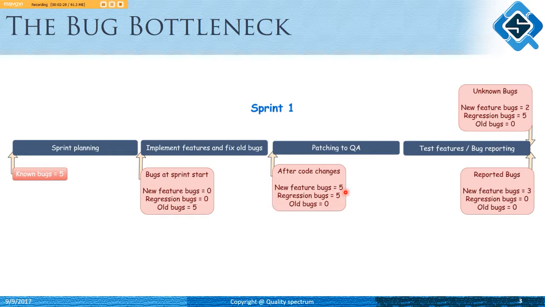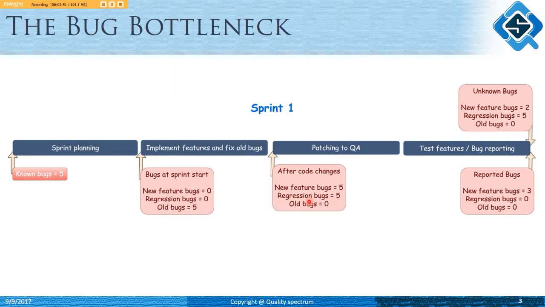And we're just giving an arbitrary number here to track and compare the results. Not only would we have issues directly related to the new feature, we would also have issues which would be ripple effects from the changes that have been made.